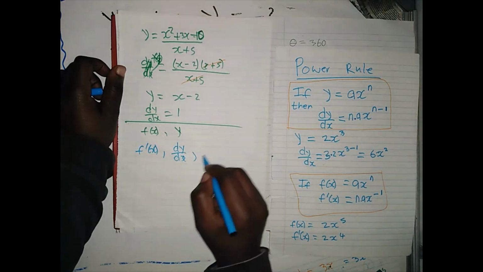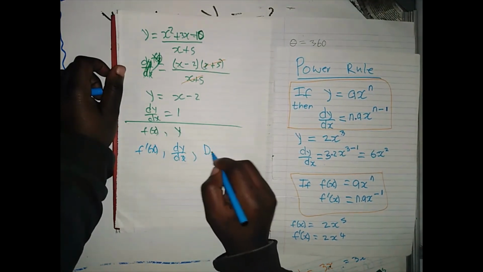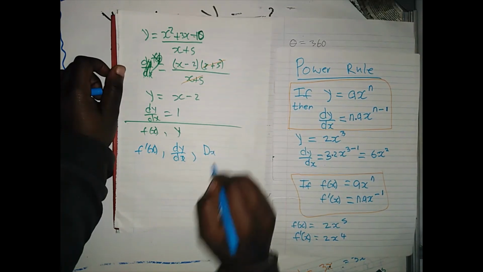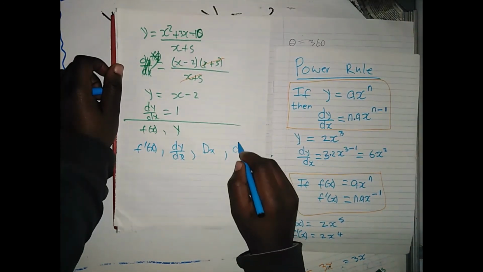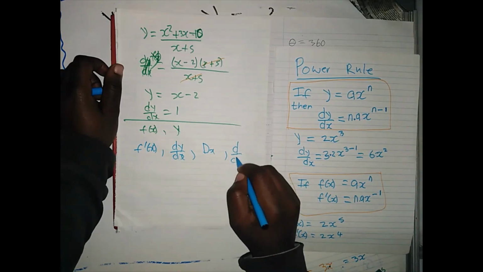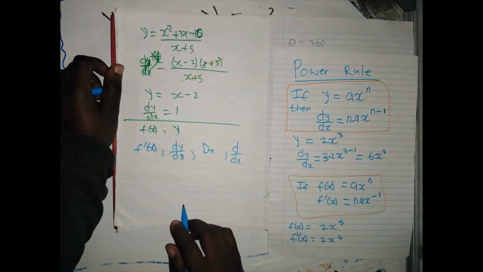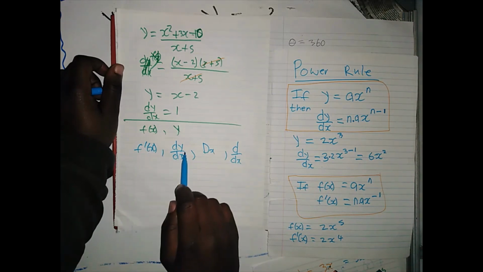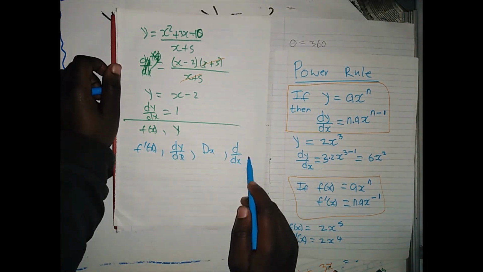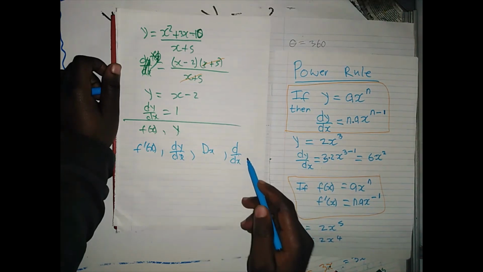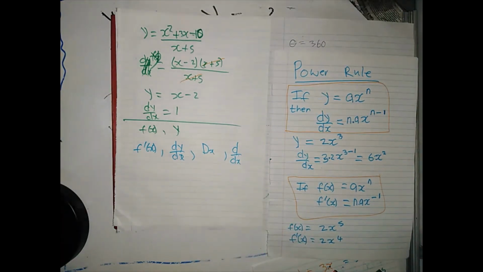Sometimes they will call it dx, but sometimes they can also call it d over dx. Whether they put this or this or this, that is exactly the same thing. They are looking for the derivative, and we are going to use the power rule.